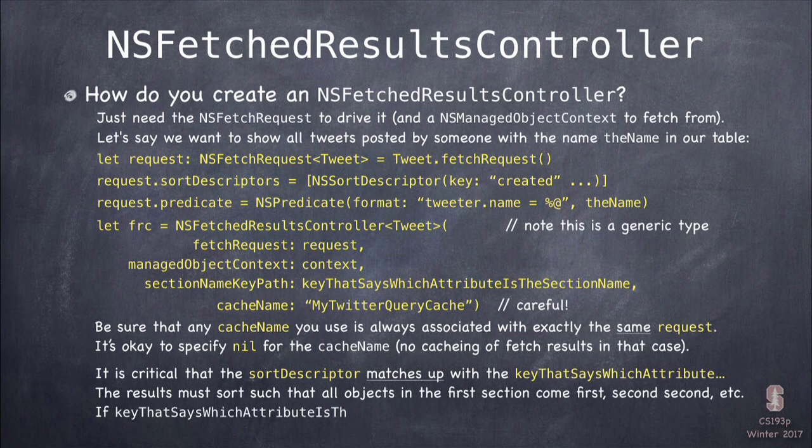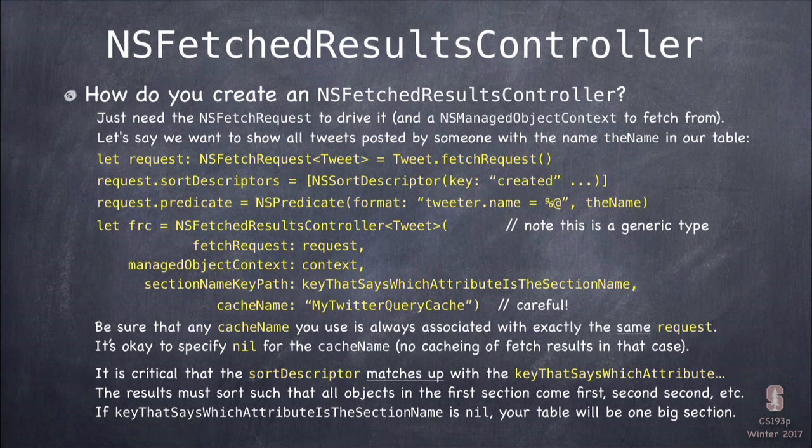And about that section key thing, something to be careful about there too, is that whatever your sort descriptors say that your rows would sort in, that has to be exactly the same order that your sections would sort in. In other words, the fetch results controller doesn't know how to move things around if they sort out of order of their sections.